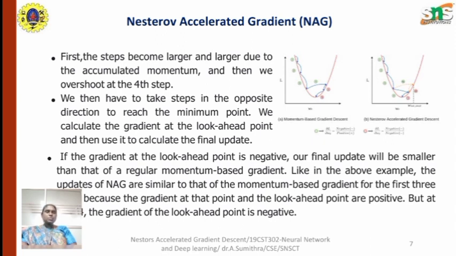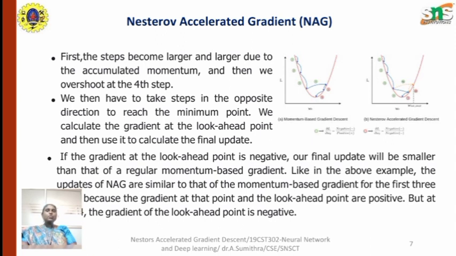The key difference between NAG and traditional momentum lies in when the gradient is computed. Instead of computing the gradient at the current position of the parameters, NAG computes the gradient at a slightly look-ahead position. This look-ahead position helps in making more informed updates, reducing the likelihood of overshooting the minimum.